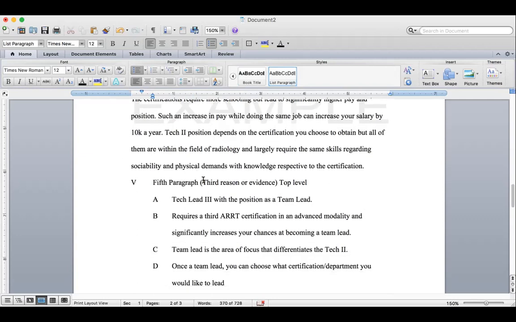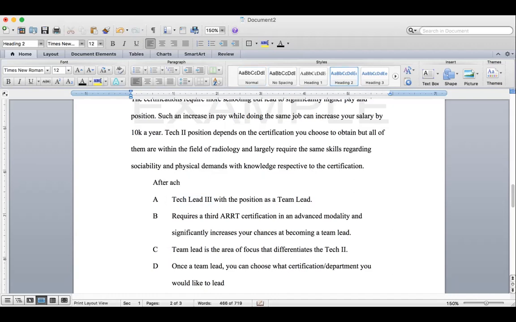Then the next paragraph is our 5th one, and it will be about our top level. So, you know, I didn't mention Tech Lead 3 in here, but I guess I could. I should, because that's the first time I've seen it. But I'm going to start it with a transition. So I want to mention the radiology technologist 2.